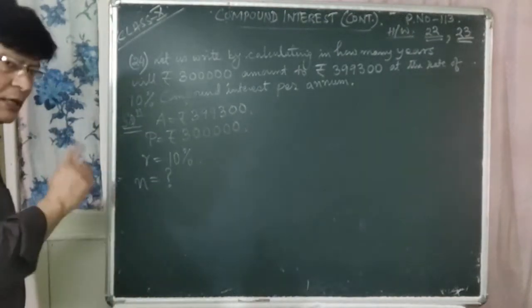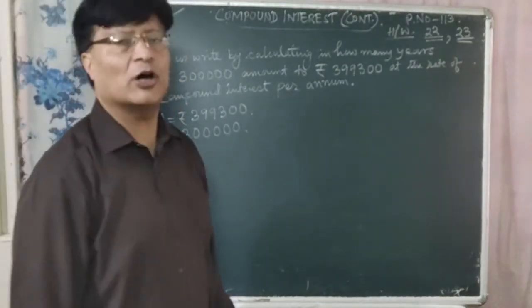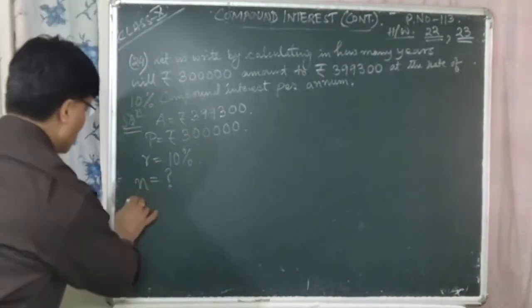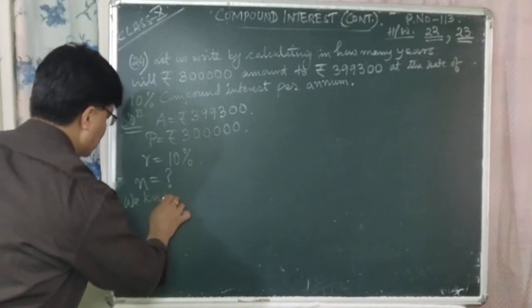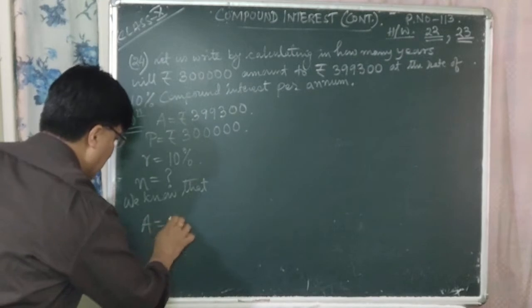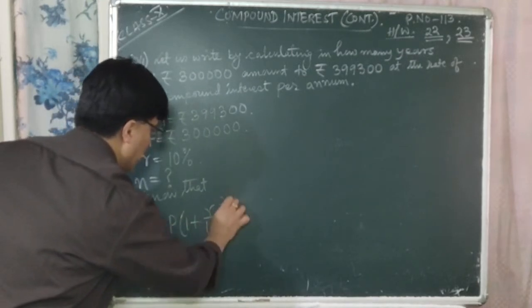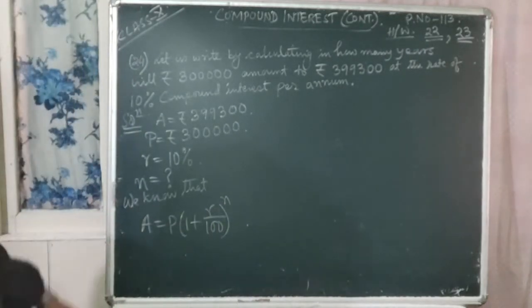Now you know the formula. So we will use the same formula, that is the formula for the amount. What is the formula here? A is equal to P within bracket 1 plus R upon 100 whole to the power n. So let's use this formula.